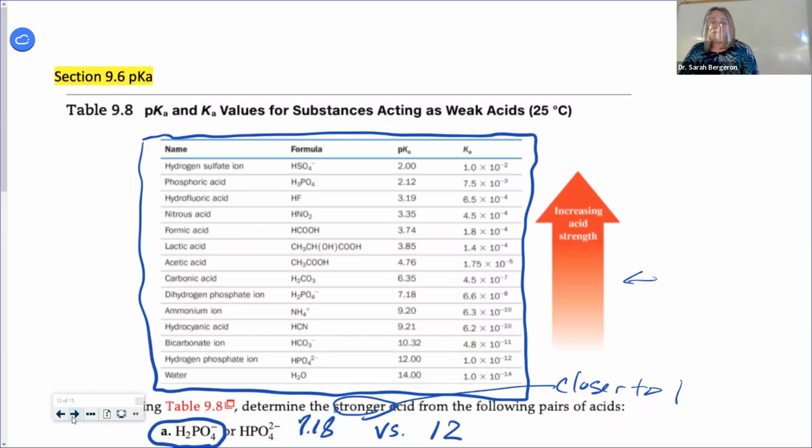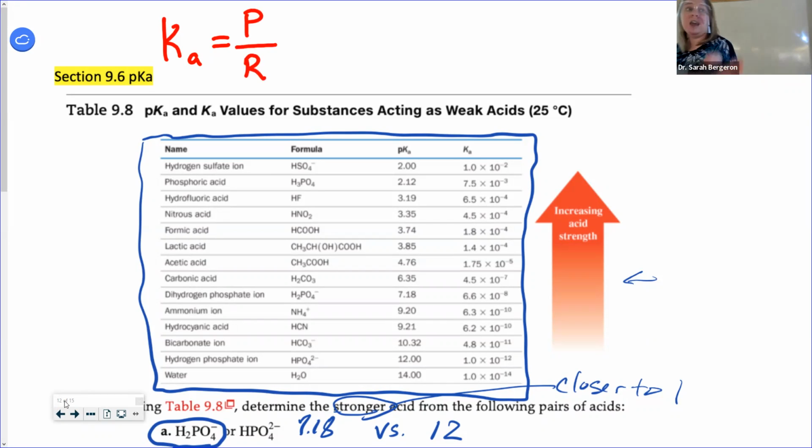All right. So now, you remember how we talked about Ka, right? What is Ka? It's the equilibrium constant for an acid. So how do I write the equilibrium expression? I always put my products over my reactants.